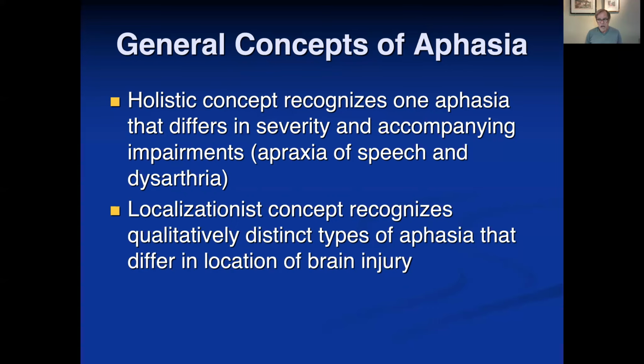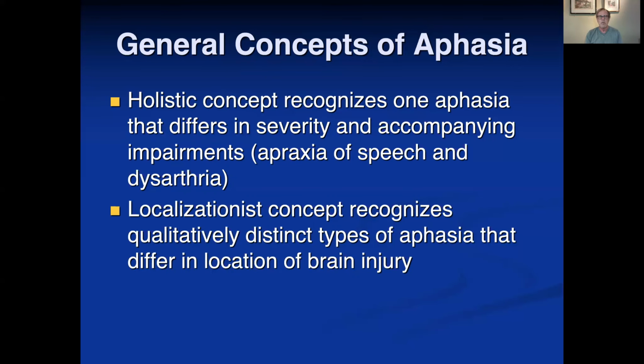And the very common accompanying impairment would be apraxia of speech. So people who hold a holistic concept of aphasia would recognize aphasia along a severity continuum and either with or without apraxia. Those with apraxia are non-fluent. Those without apraxia are fluent, and they'll manifest their language problems in other ways. And also dysarthria could be a complication.